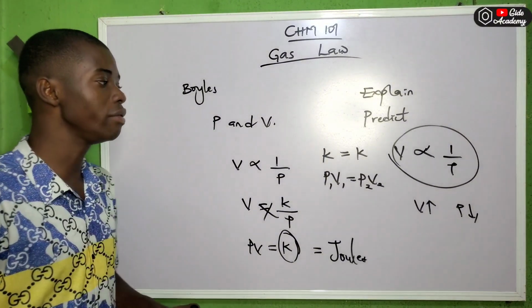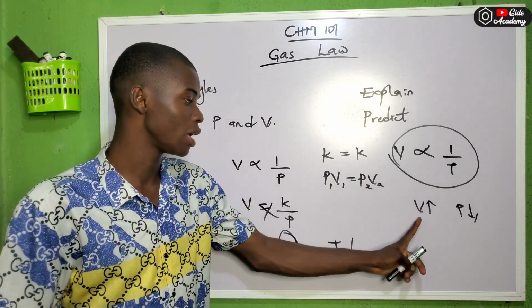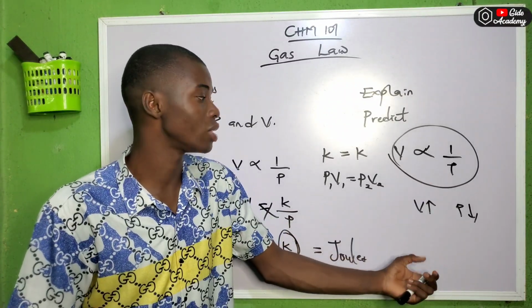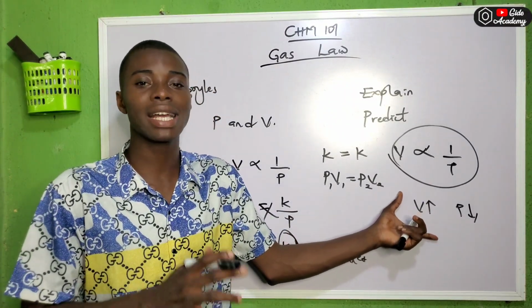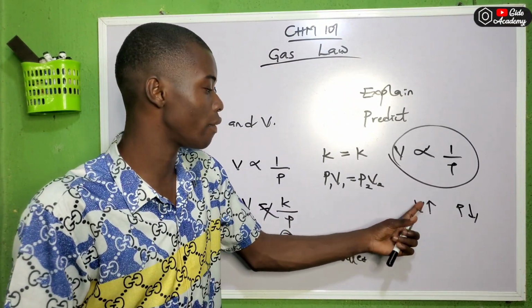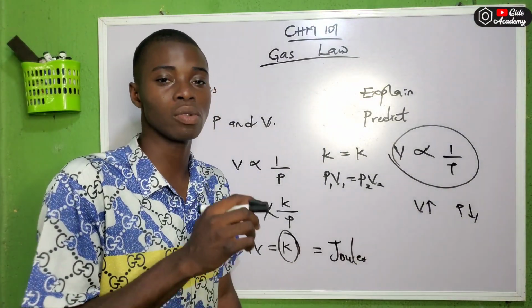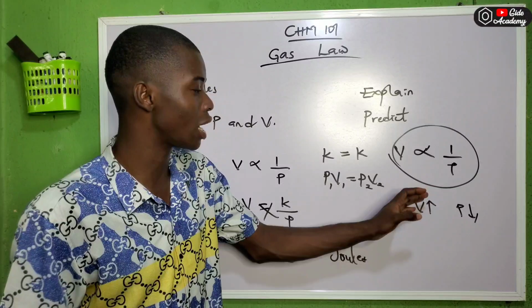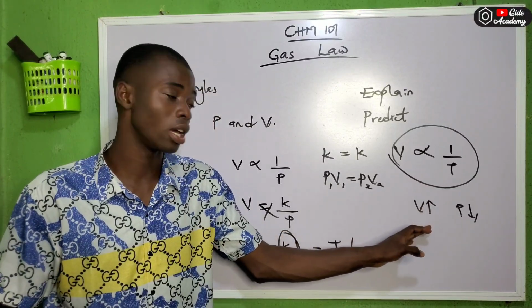If the value of P is increasing, the value of V will decrease. So for any calculation in Boyle's law, provided the volume is increasing, the pressure will definitely decrease. And if the pressure increases, the volume of the fixed mass of the gas will definitely decrease.